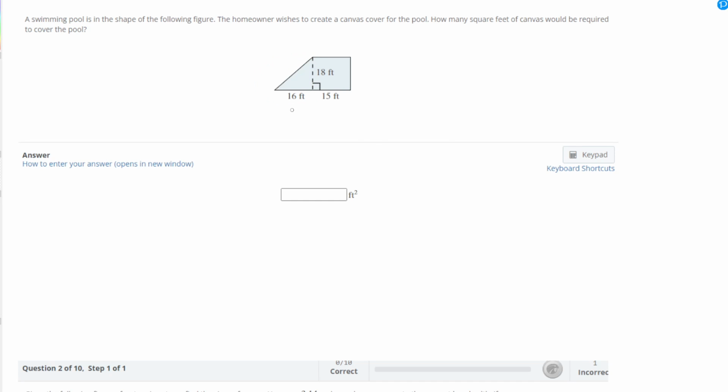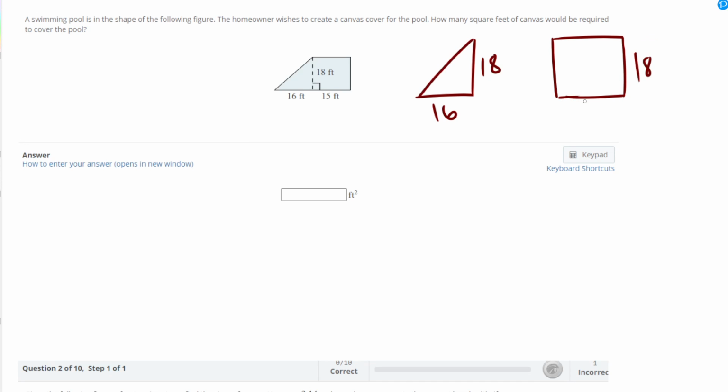So I look at this triangle, and I separate it into two different shapes. We have our triangle, where the base is 16 feet and it is 18 feet tall. And then we have our rectangle, which is, we're going to use our imaginations here, 18 feet tall and 15 feet wide.